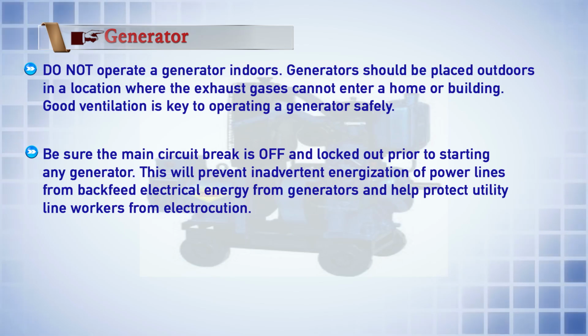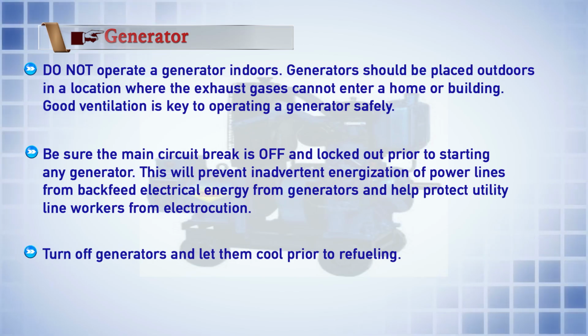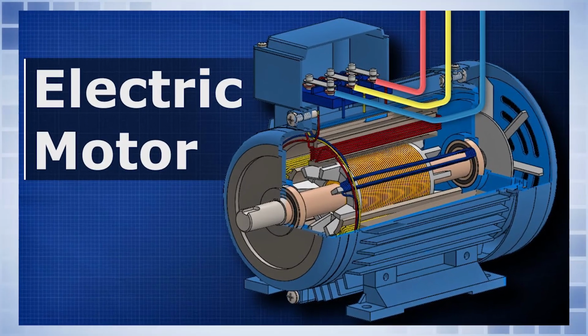This will prevent intermittent energization of the power lines from the backfeed of electrical energy from the generator and help protect utility line workers from electrocution. Then turn off the generator and let it cool prior to refueling.